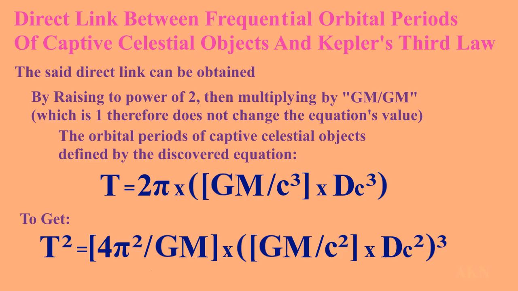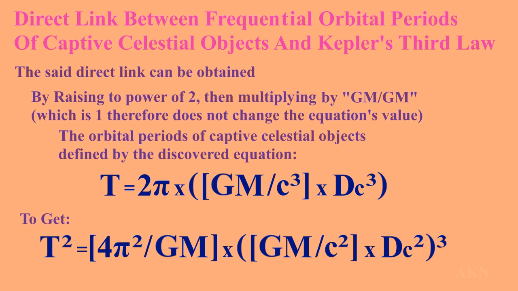Through my calculations, the said direct link can be obtained by raising to the power of 2, then multiplying by GM over GM the orbital period of captives defined by the discovered equation as shown here.